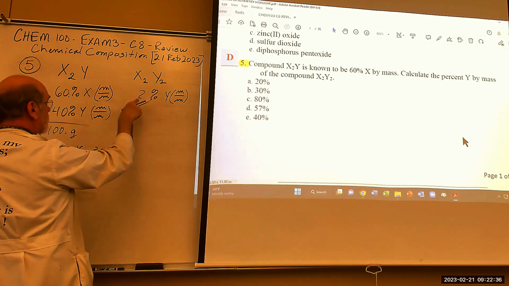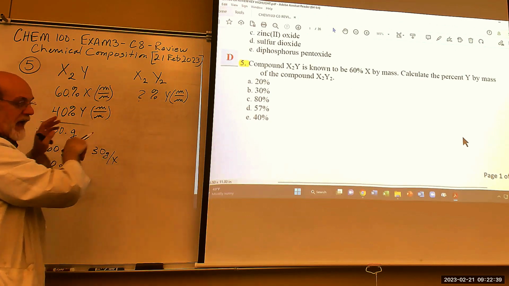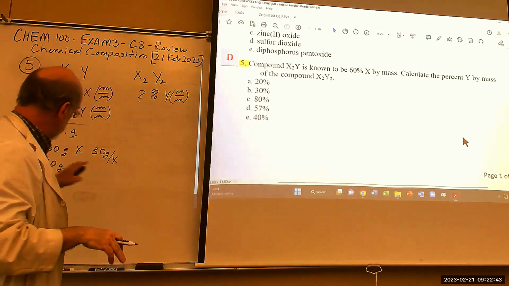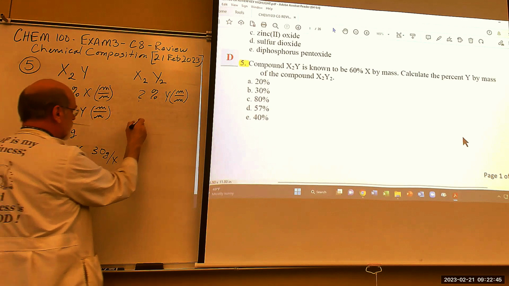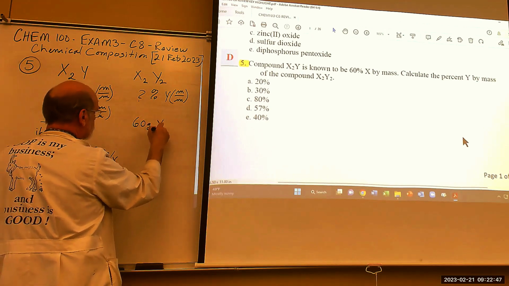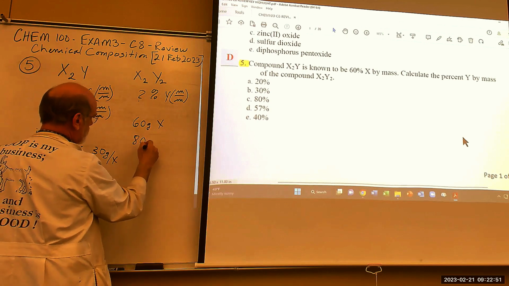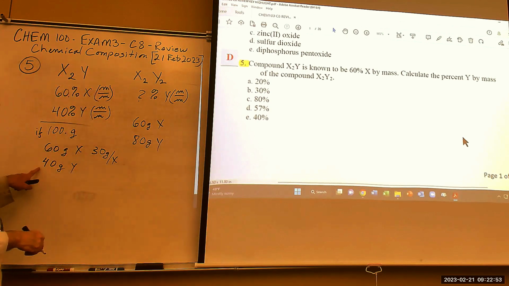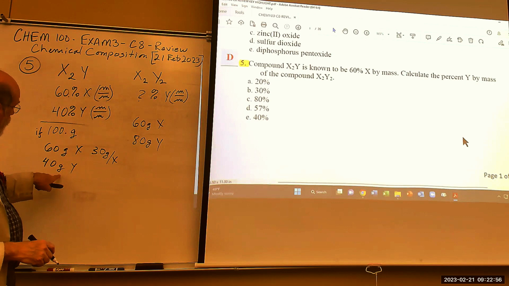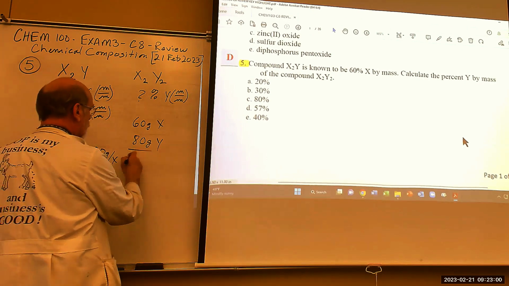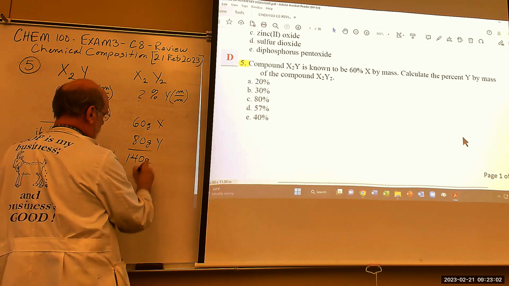Now on this side, if we have however many grams we need, we're going to do the ratio and say we want 60 grams of X would be 2, but 2 Y's would be 80 grams of Y, right? Because this represents only 1 gram, 1 Y. So 2 Y's would be this. Now the total is 140 grams, right?